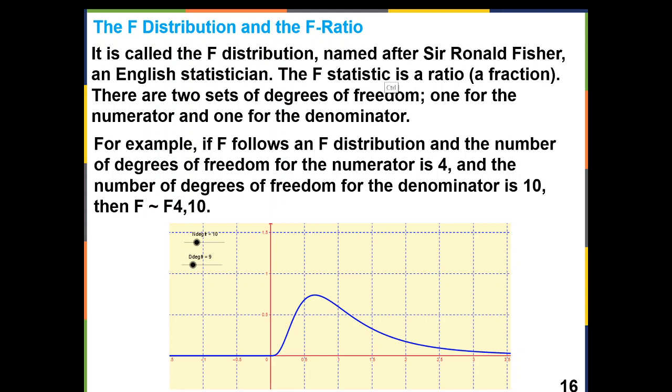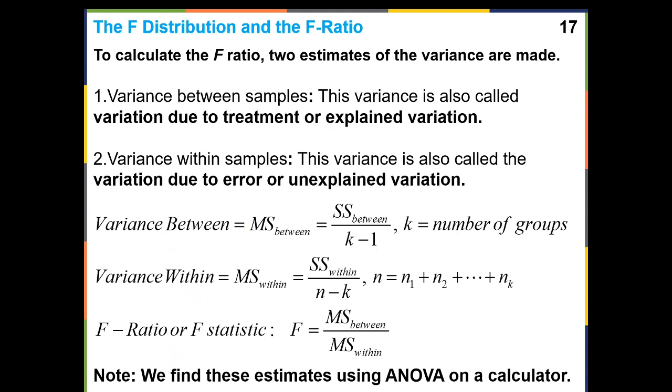Okay, so the F statistic is a ratio. Again, we talked about this already. And there are two sets of degrees of freedom, one in the numerator, one in the denominator. And the notation for it is F, and in parentheses, we can put 4, 10. That means the degrees of freedom of the numerator is 4, and the denominator's degrees of freedom is 10. All right.